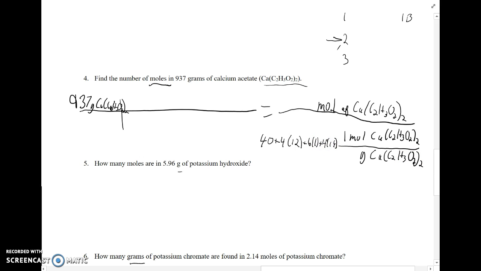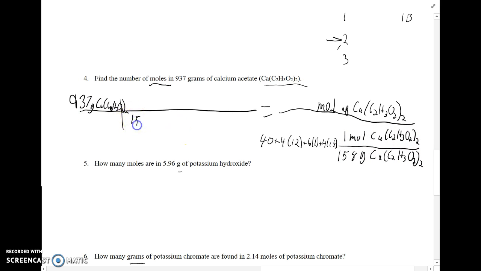When I add all of those up, that is going to give me the molar mass of calcium acetate, and that is 158 grams. So again, if I had 1 mole of calcium acetate, it would have a mass of 158 grams. So now I can plug that in. Here's my conversion factor. I'm going to plug that in the way that it is because I want grams down here.